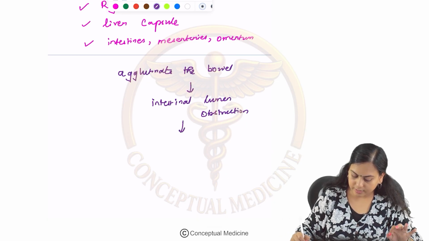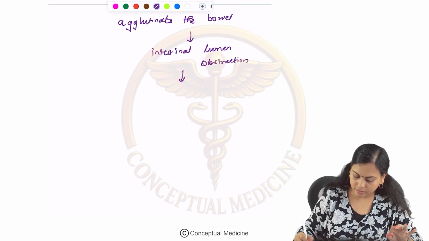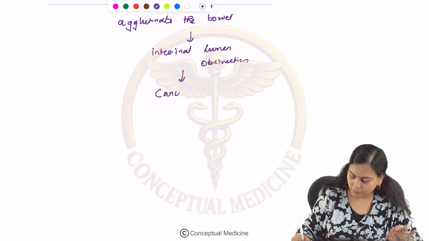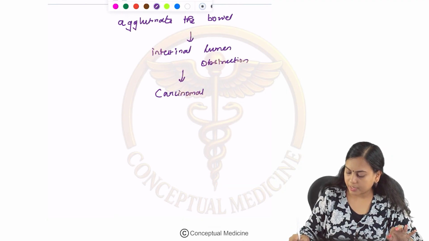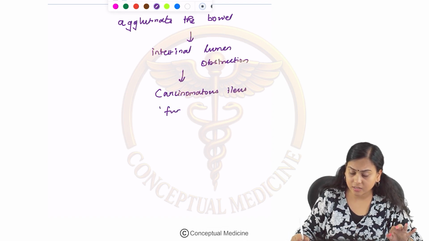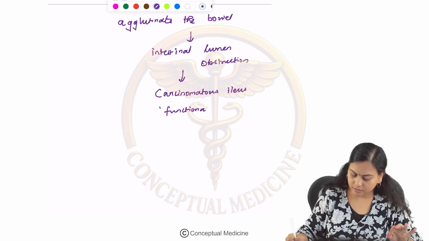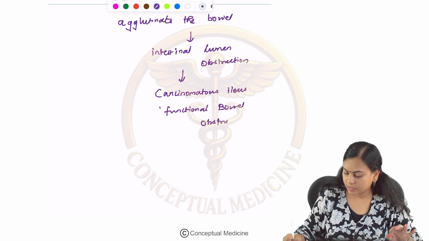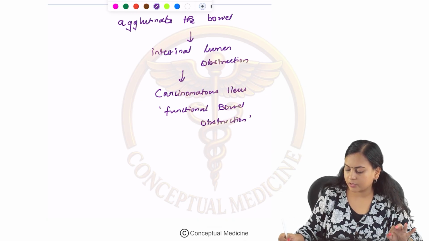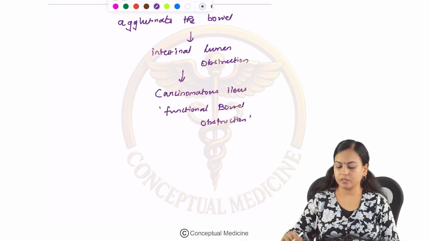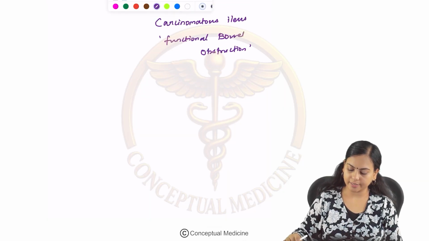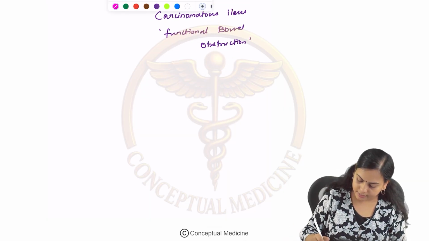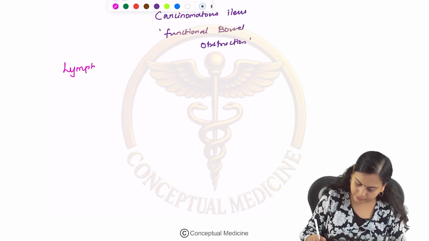So, that will result in a condition called carcinomatous ileus. That is nothing but a functional bowel obstruction. Okay, this is a functional bowel obstruction that is caused by the exfoliated cells. Clear?